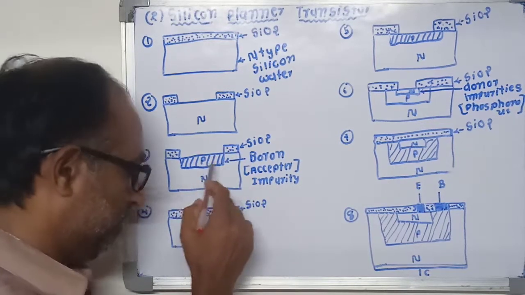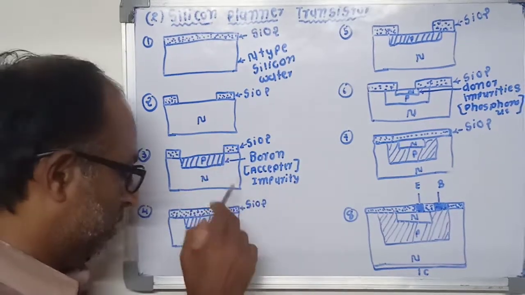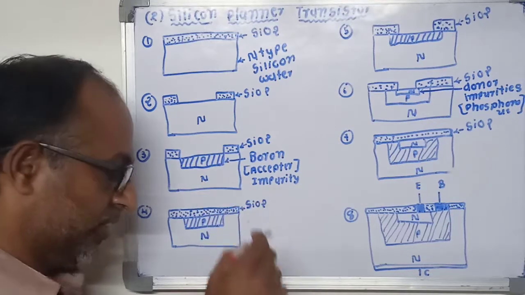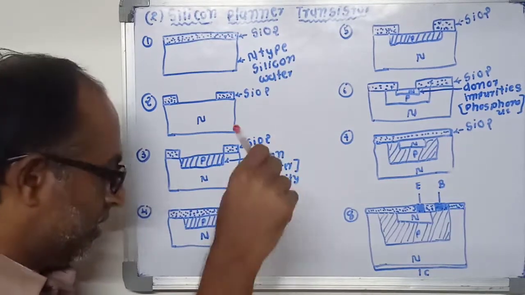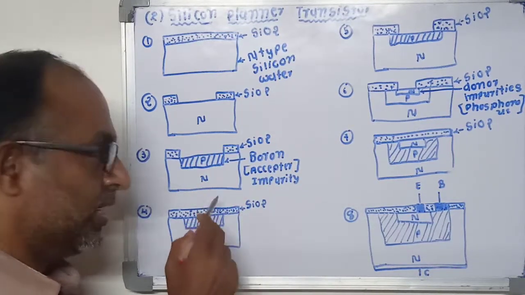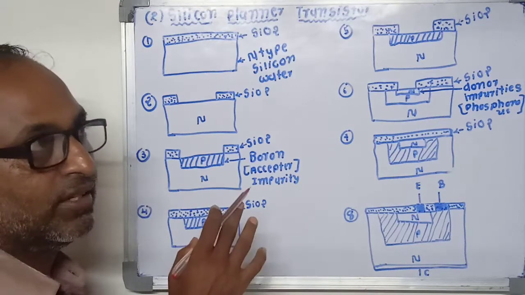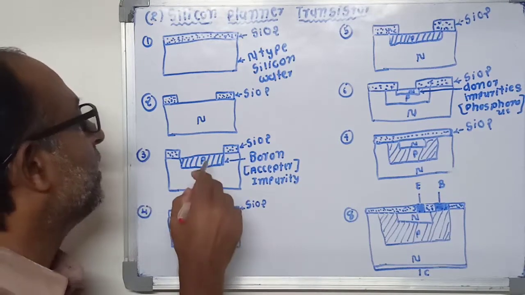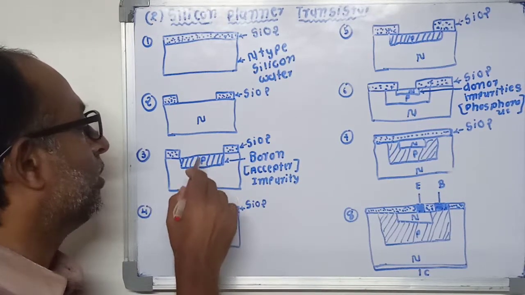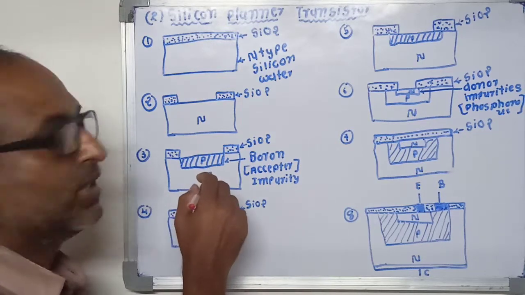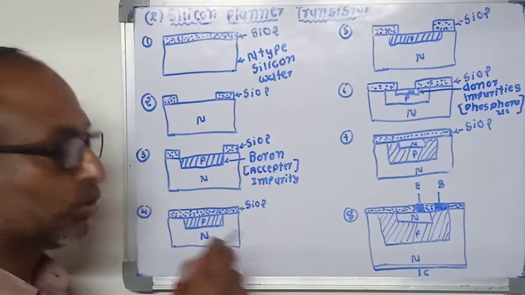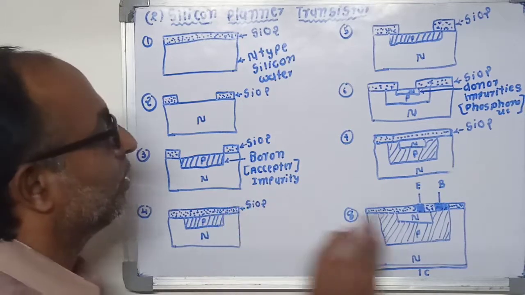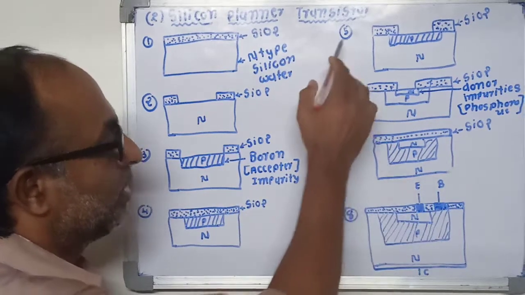Hence these impurities are added into the depth of the material. This process continues up to the required depth of boron in this N-type material. Thus the base region of the collector is developed.